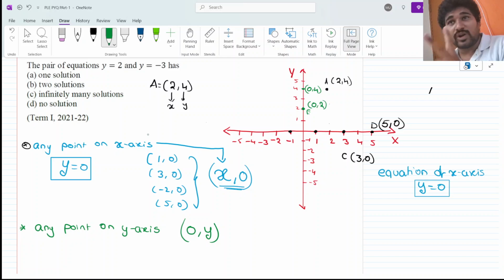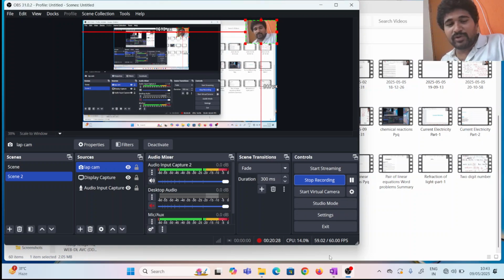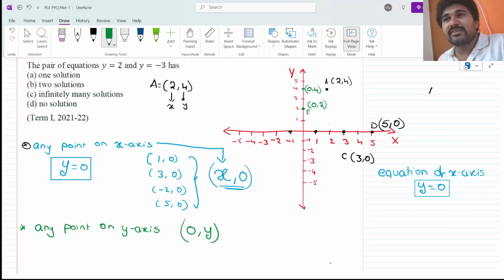A point needs two coordinates. So how will you write any point on the y-axis? Clear for everybody? Any point on the y-axis is 0, y.